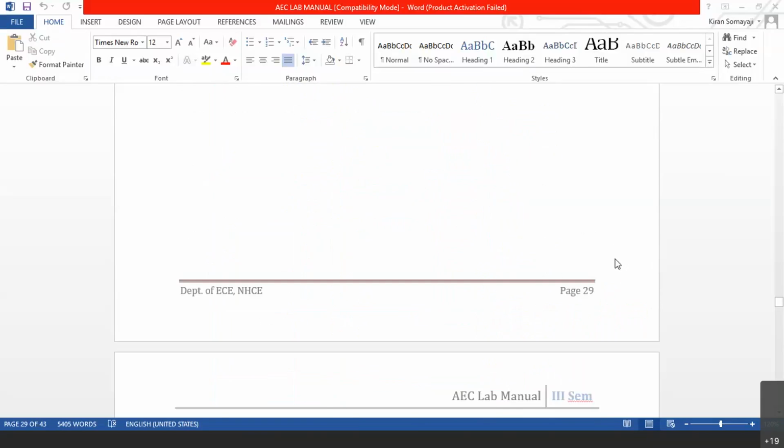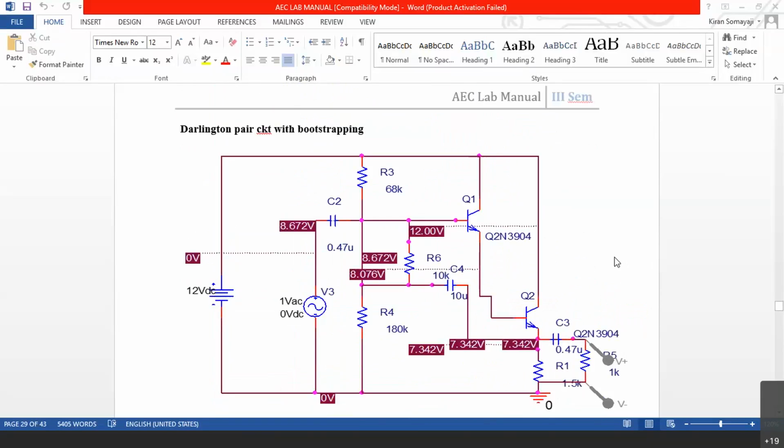Next, let us move on to bootstrapping. Darlington pair circuit with bootstrapping. What is the meaning of bootstrapping? Boot means what? We are all wearing shoes. Shoes are also called boots. Generally, to the boot there will be a strap or a lace. If it is not a pump shoe or a slip-in shoe, there will be a lace or a strap.